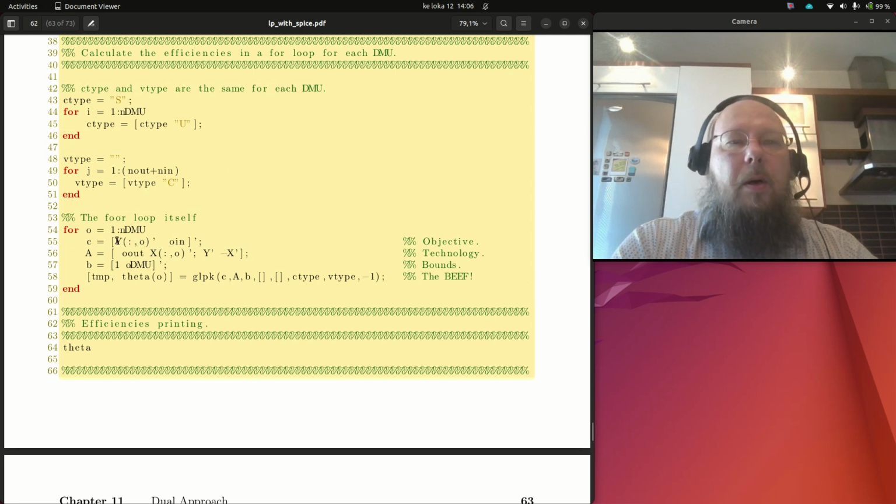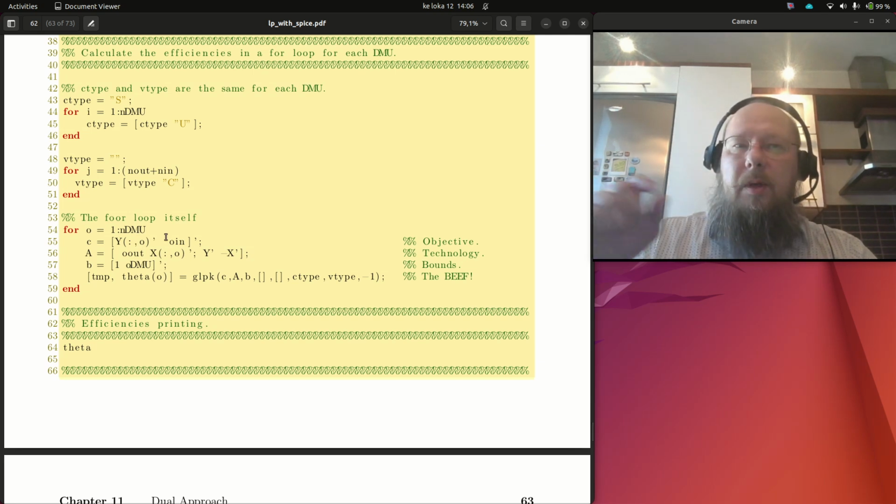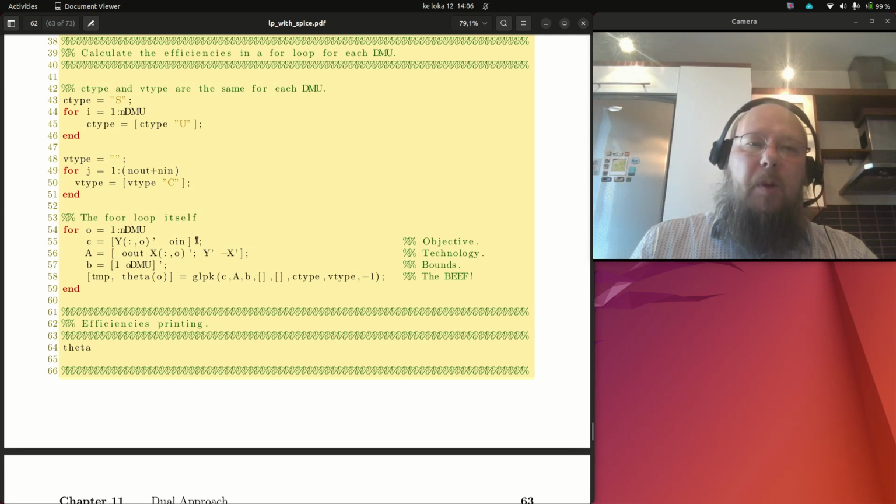The C here will be the o-th row of output variables, transposed, so this would be the columns. Now I transpose it into rows. Then I have zeros for the input variables, and then finally the single quote makes it a column vector. So this C is for the coefficients for the u, v.